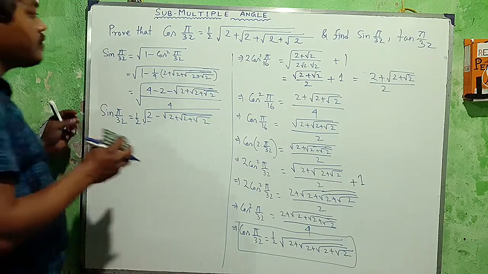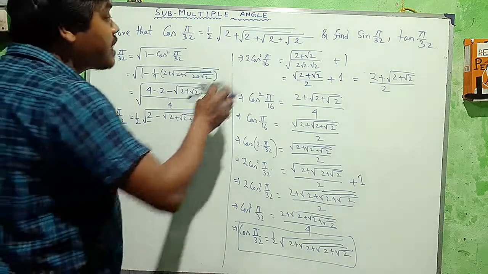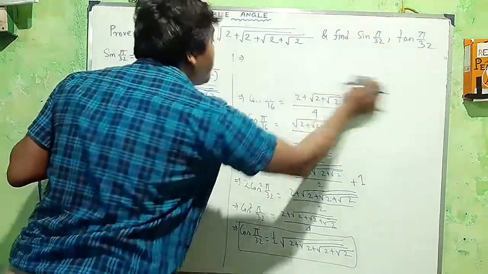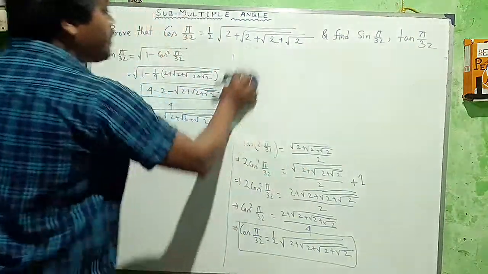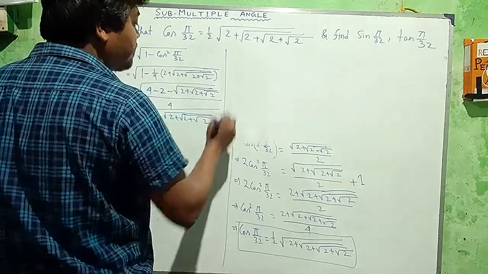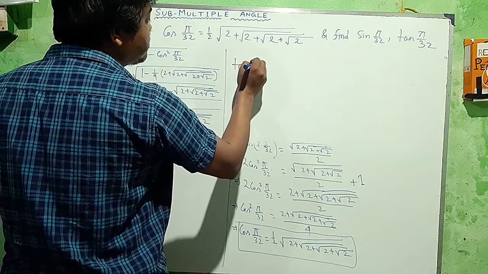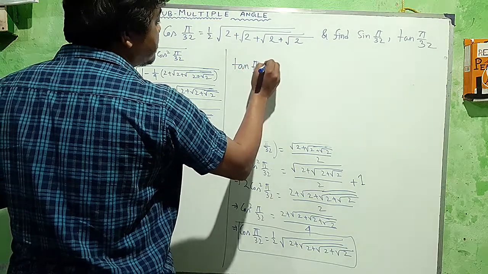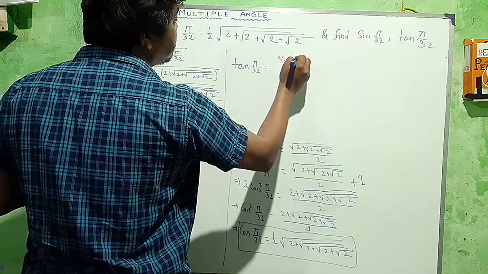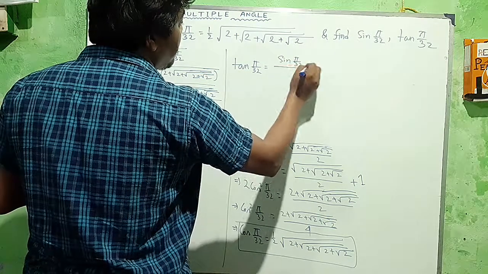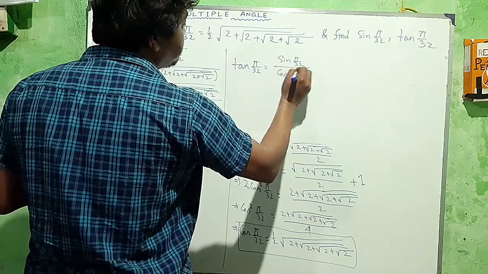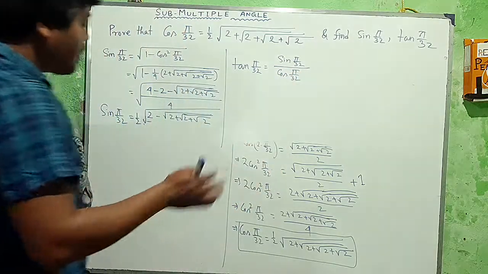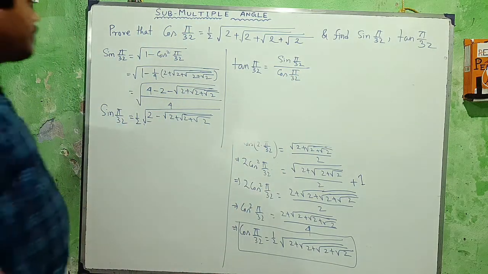So you can easily calculate tan pi by 32. What is the value of tan pi by 32? So tan pi by 32 gives sin pi by 32 by cosine pi by 32. So now we put the value of sine and cosine.